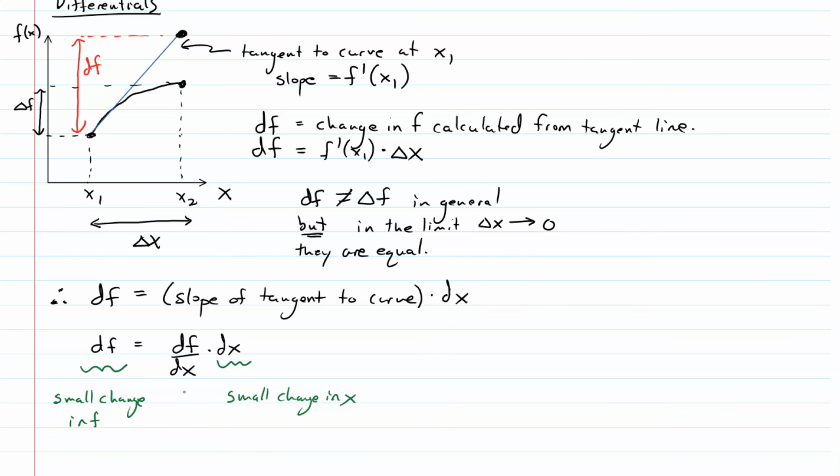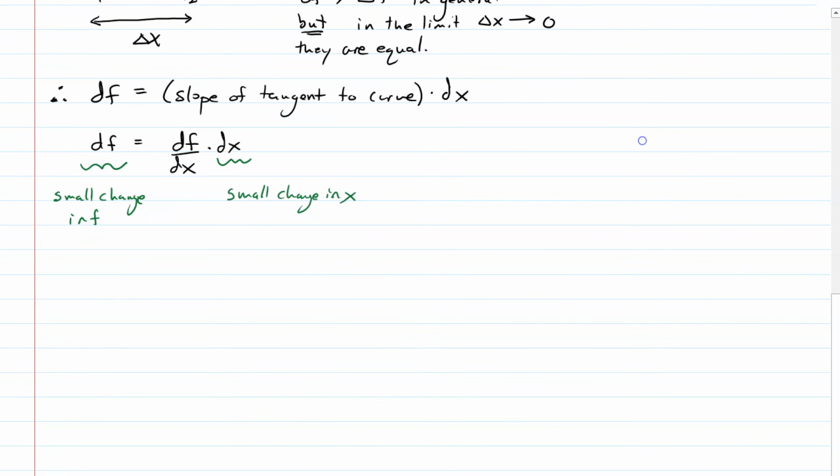Now the trick comes when, what if I have a function of two variables? So what if f is a function of two variables, x and y? Now I can change f by changing either x or changing y, right? So f will change if x or y changes.